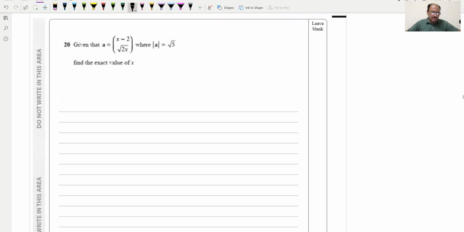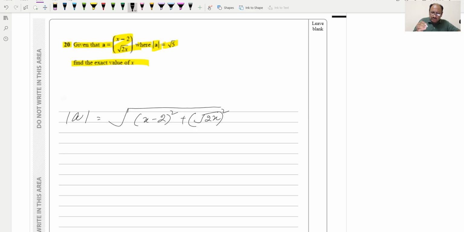Hopefully you understood this. Now question number 20, and question number 20 says, given that a is equal to this, where mod a is equal to root 5, find the exact value of x. So we can check for mod a. Mod a, by the formula, will be the square root of the x value squared, where the x value is x minus 2, plus the y value squared, where the y value is root 2x.